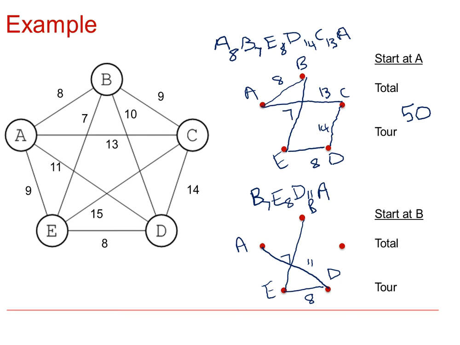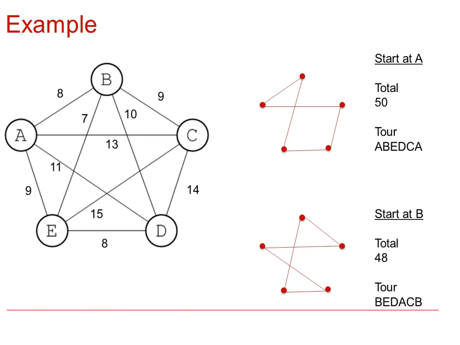We only now join to C, because that's the only vertex left, and we have to take that arc of length 13. C then now has to join back to B, and that arc is of length 9. So the total tour length for that, or the weight if you wish to call it, is 48.